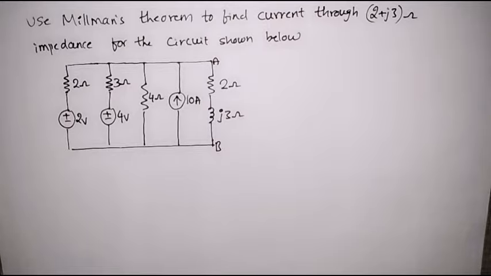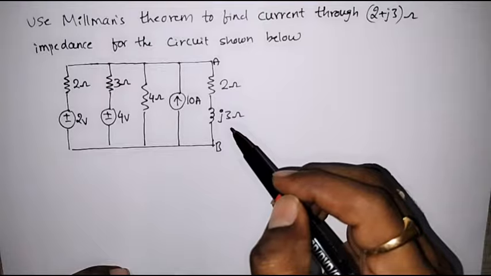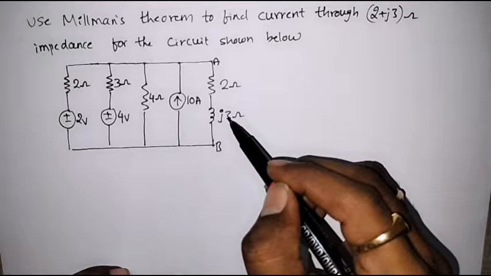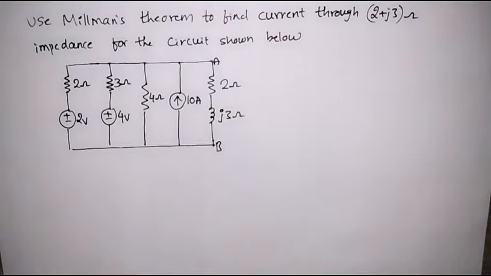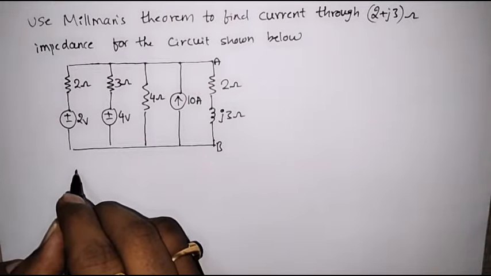In Millman's theorem, the branch in which the current or voltage is to be calculated is to be open circuited. So let's draw the equivalent circuit of the above circuit.